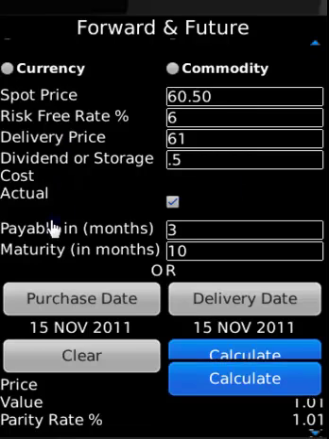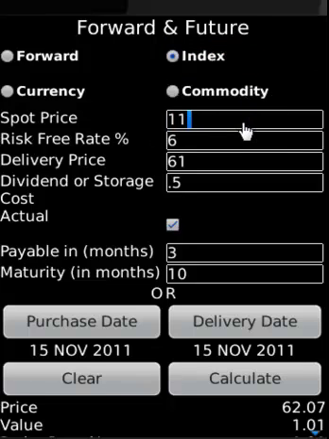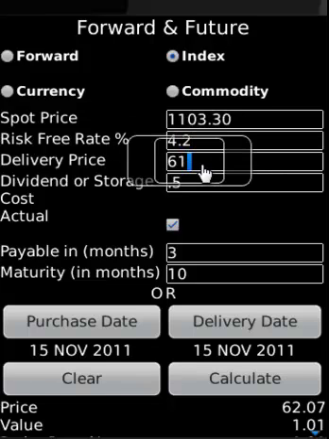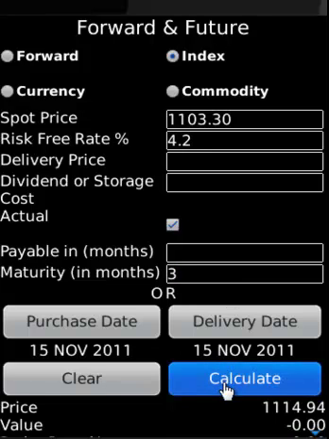Let us calculate an index. So index is 1103.30, risk-free rate 4.2, and maturity is in 3 months. Now let us calculate. So this is the forward price.